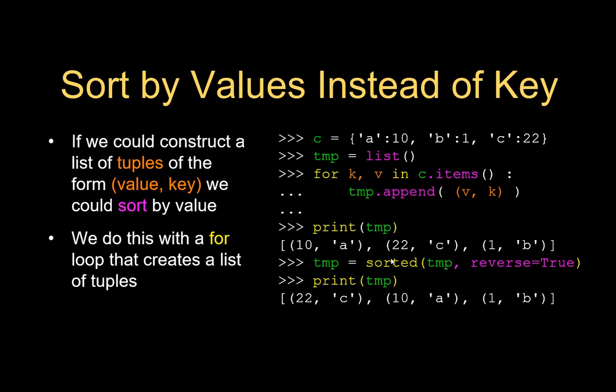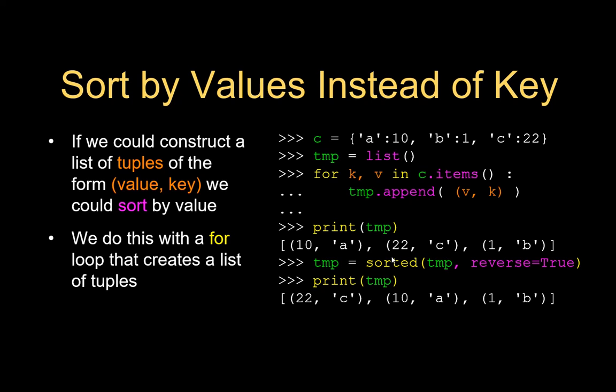Till now we used the sort function to sort based on the key of the dictionary. But now we want to sort them by the value.